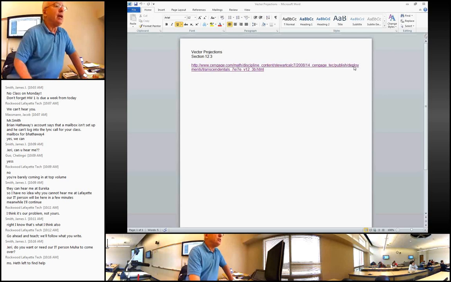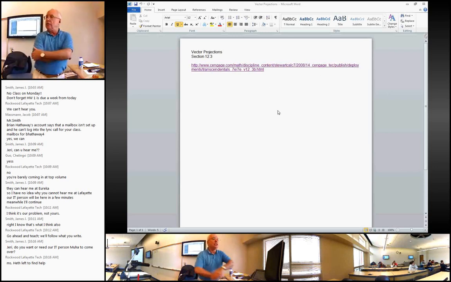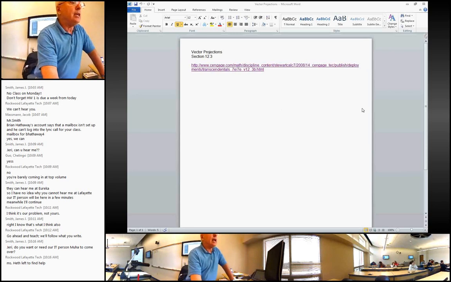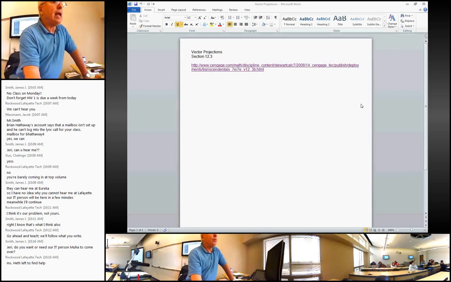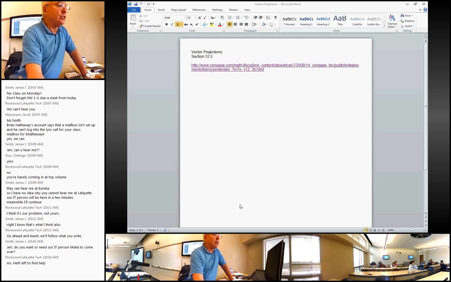Notice then that the length of the shadow, the length of the projection, is getting shorter. In fact, right here, the magnitude is 0.19 times the vector A. We'll go into this formula in just a minute. I just want to see the visual.